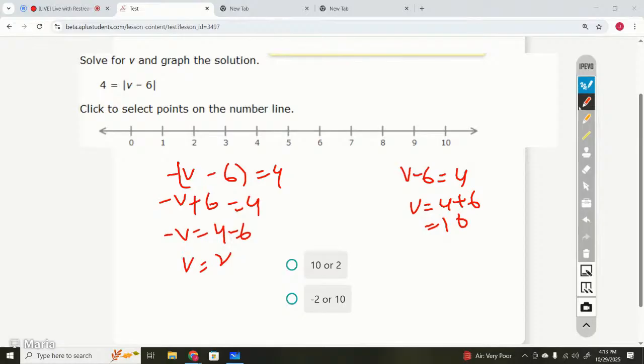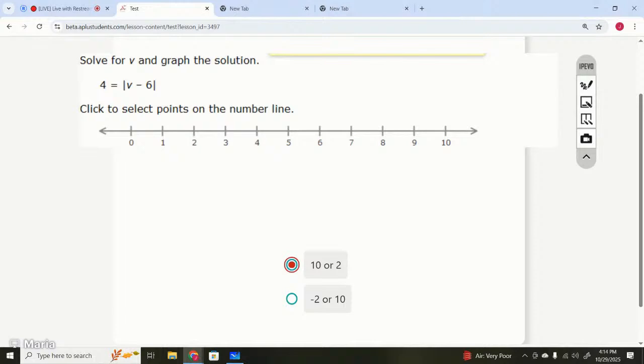So the correct option is option number 1, that is 10 or 2.